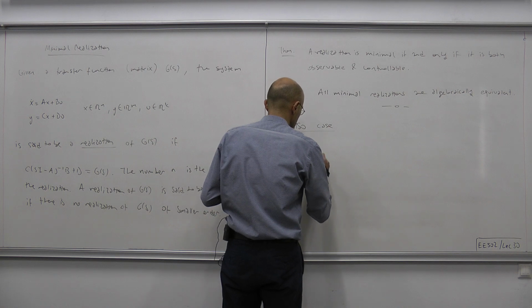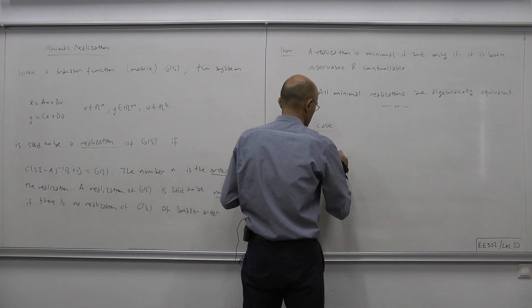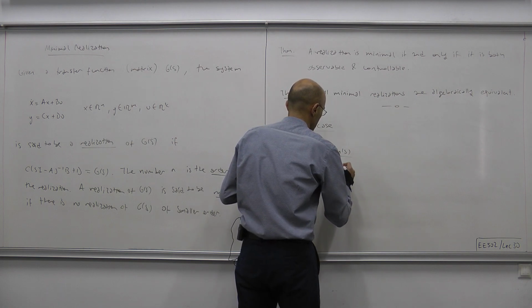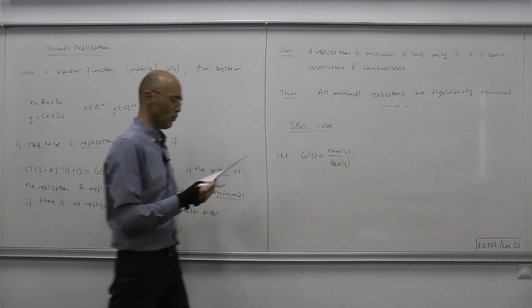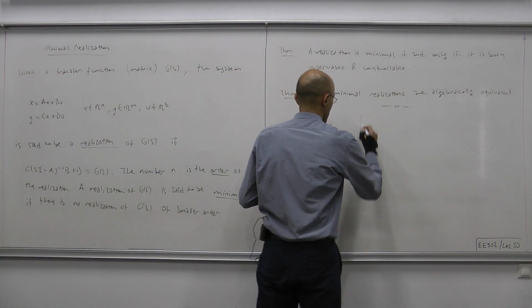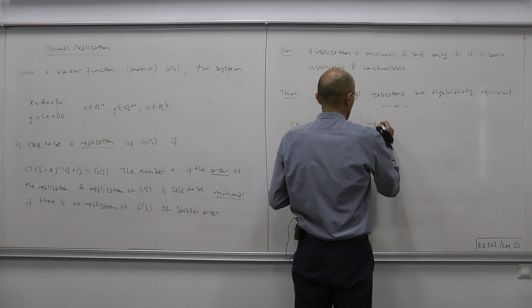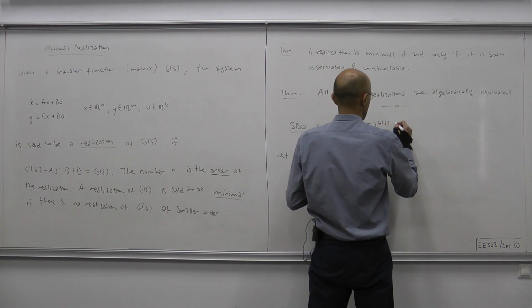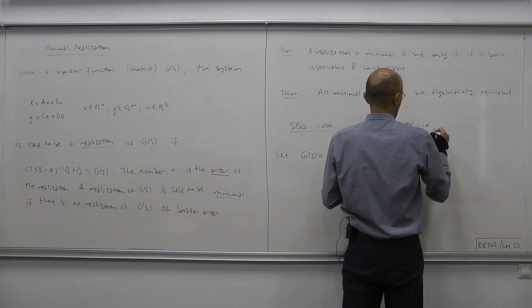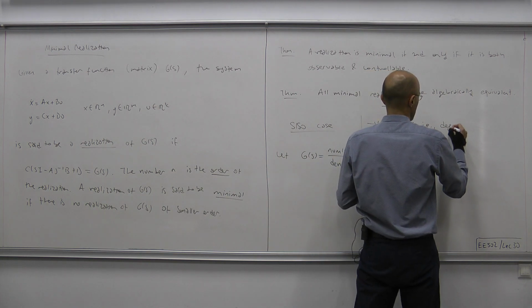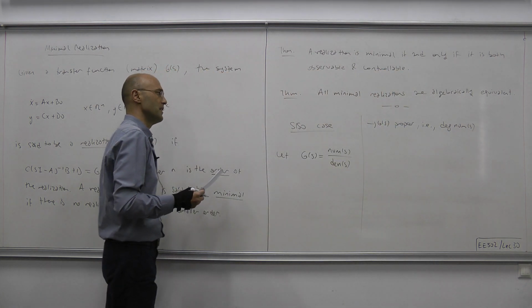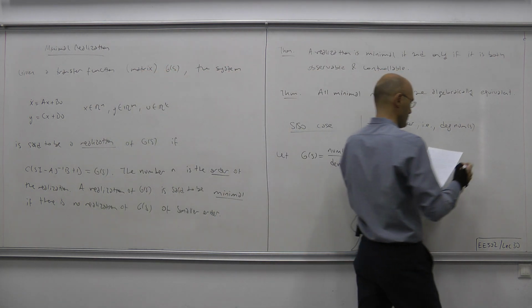So let g of s be numerator polynomial divided by denominator polynomial, and suppose that g of s is proper. That is, the degree of the numerator polynomial is not larger than the degree of the denominator polynomial.